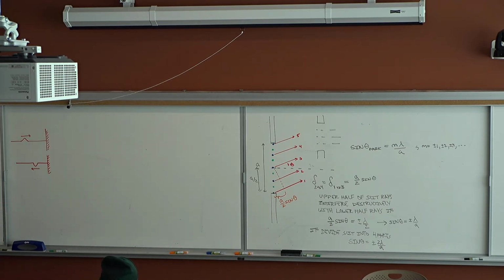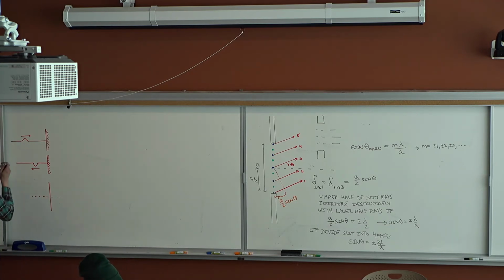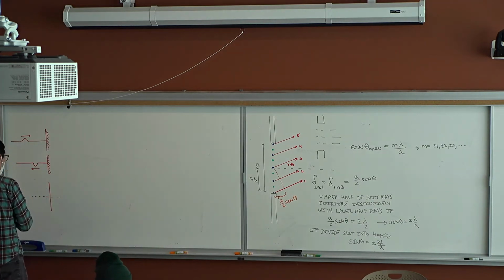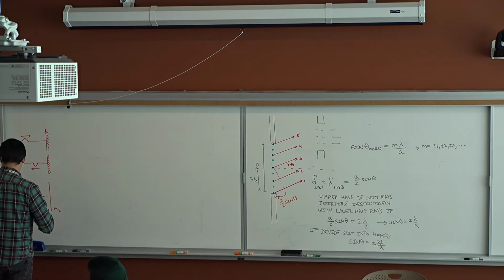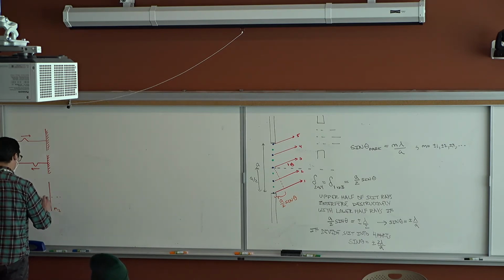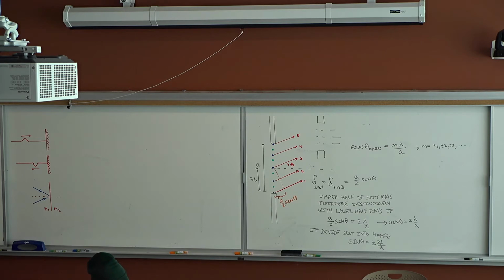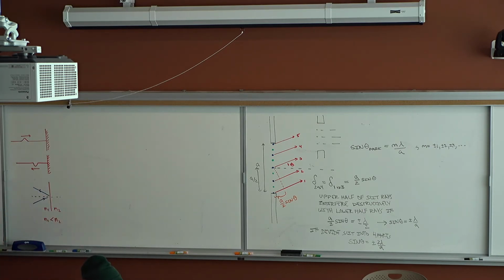The optical equivalent of this is what happens when it reflects off of a surface where N2 is greater than N1.